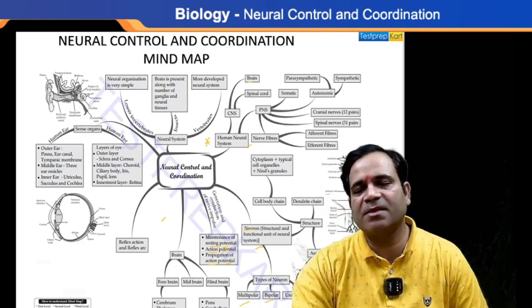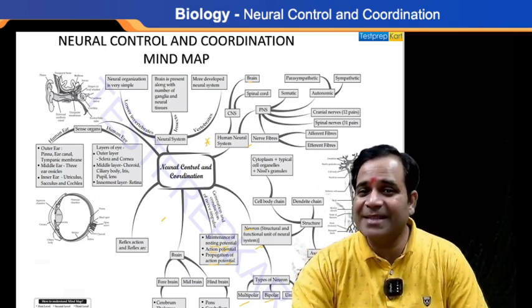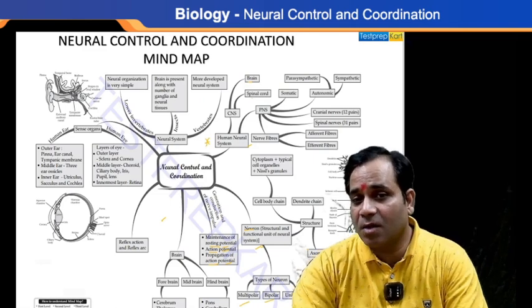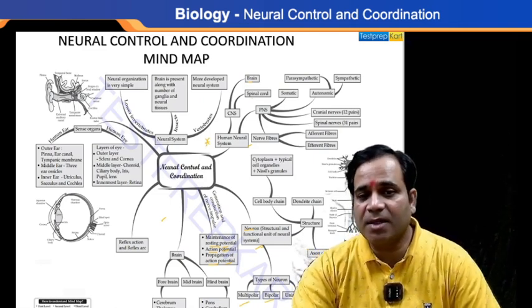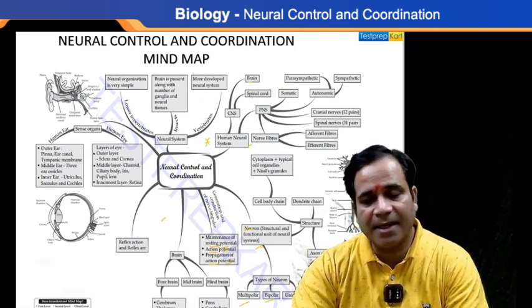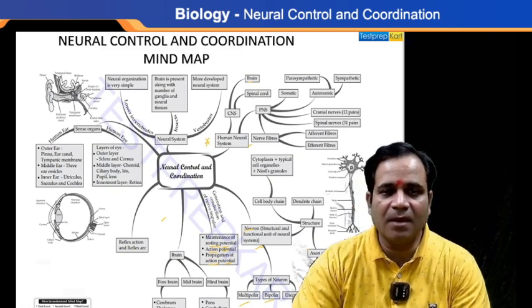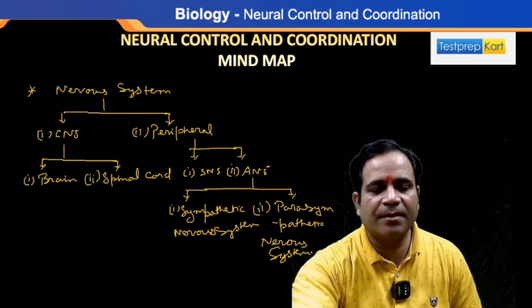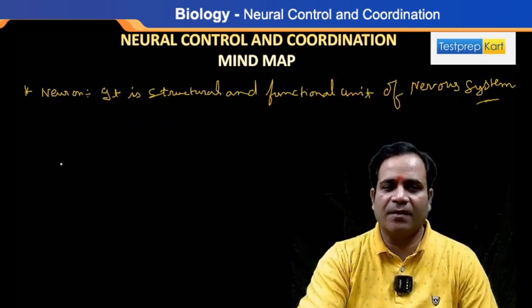An axon covered with the myelin sheath is called myelinated axon. An axon not covered by a myelin sheath is known as non-myelinated axon.